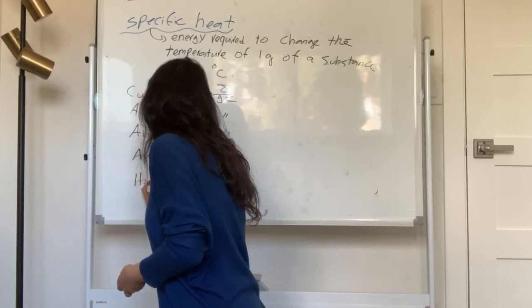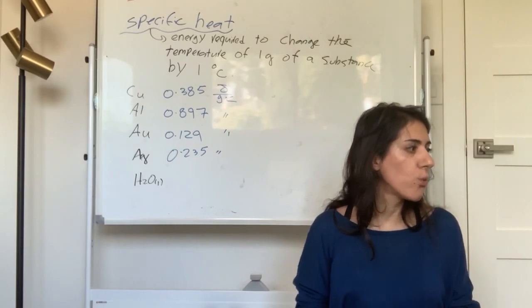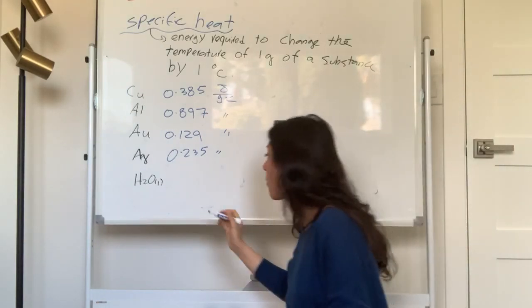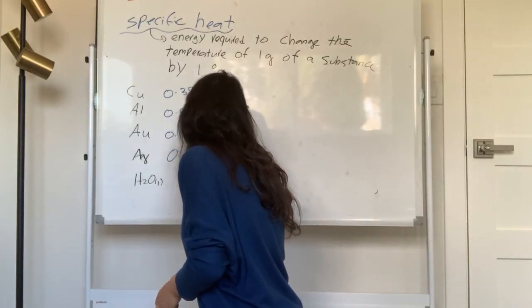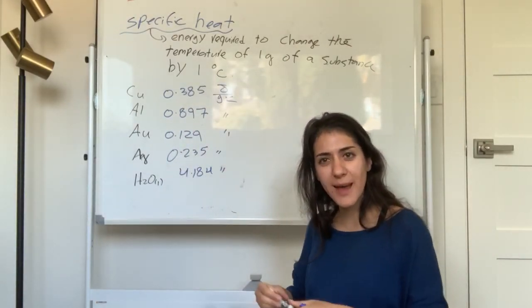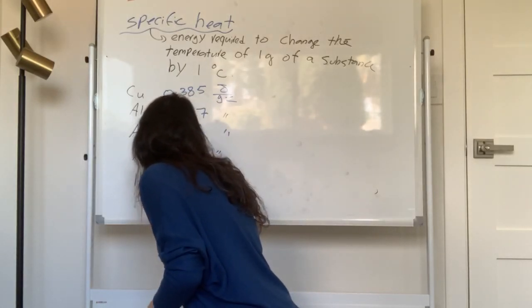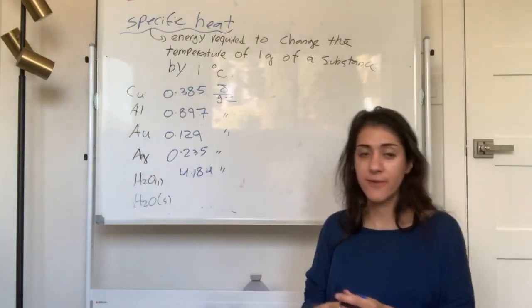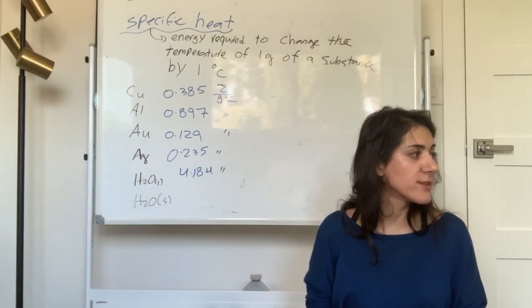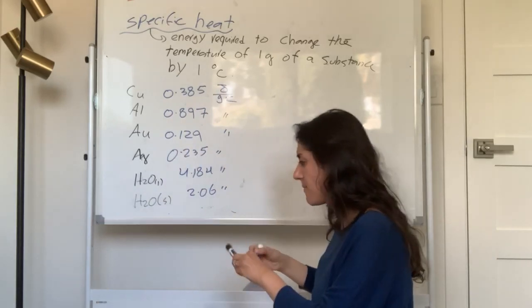Water, liquid, so water also has specific heat. Liquid is 4.184. You've seen that number before, haven't you? Water solid, different phases will have different specific heat, is 2.06. Okay.